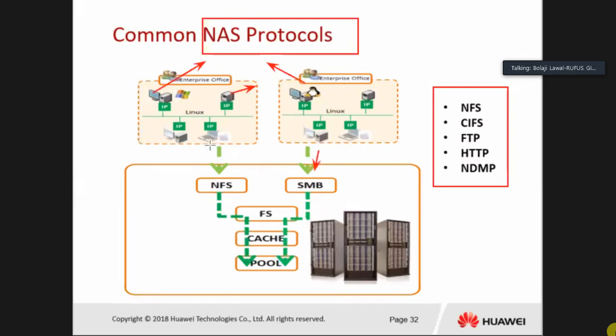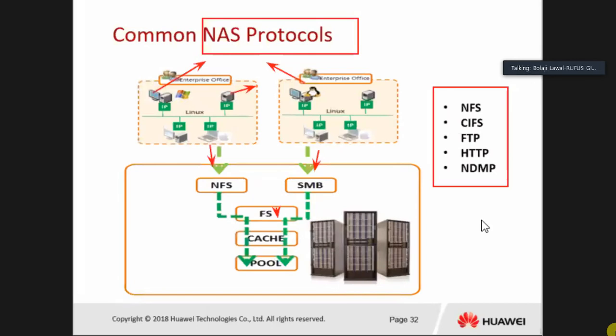This comes in as network file system. When it gets here, it is broken down again into file system, cache, and storage pool. So please go and read more on this. I don't want to waste most of our time. I've explained it in detail so we can cover more.